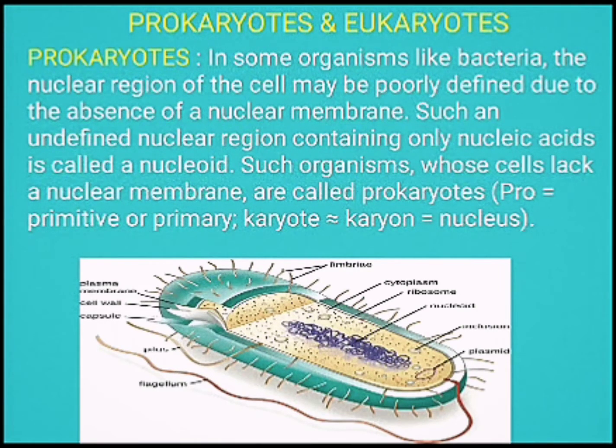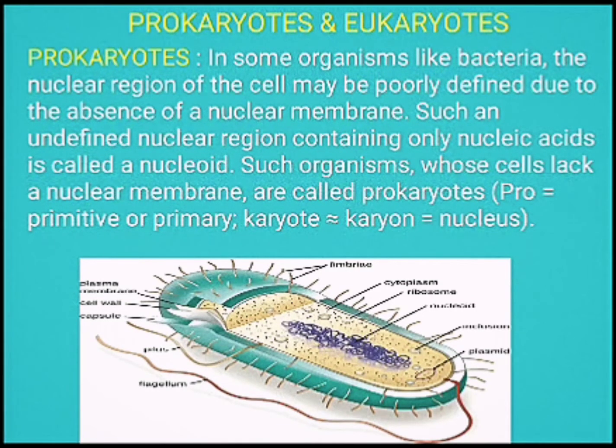Prokaryotes and eukaryotes. Now friends, in the previous section we have seen that the nucleus consists of a nuclear membrane which encloses the nucleolus as well as nucleoplasm.